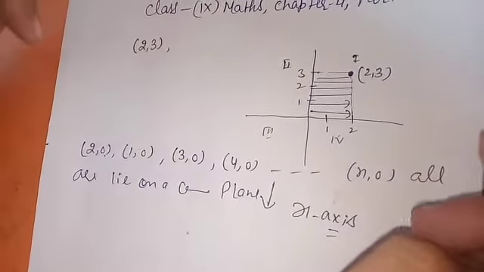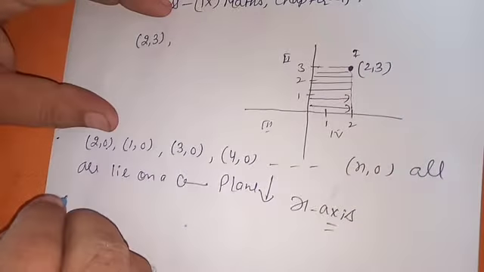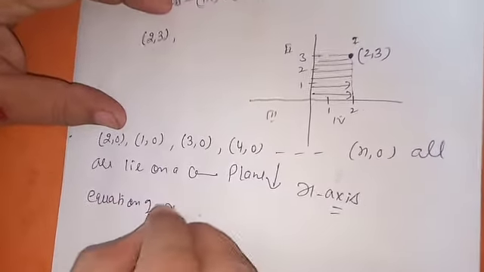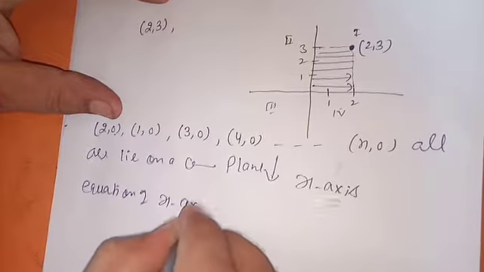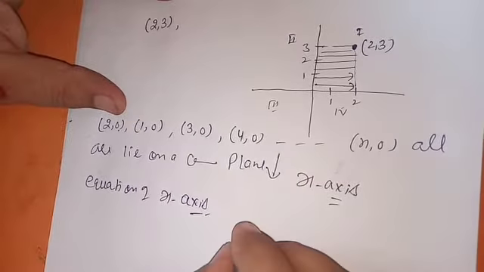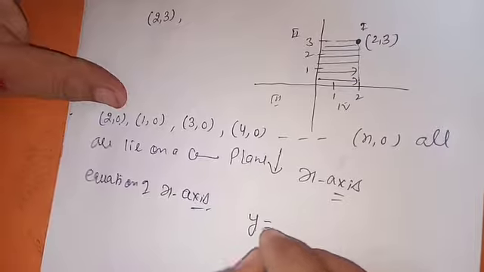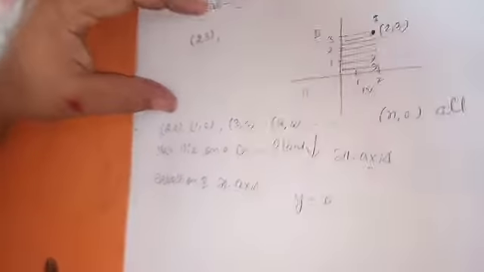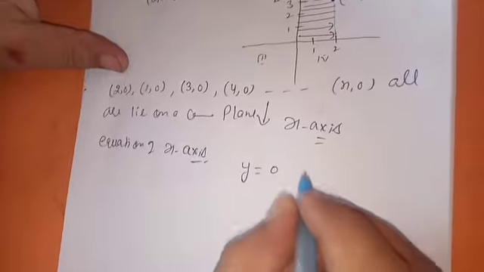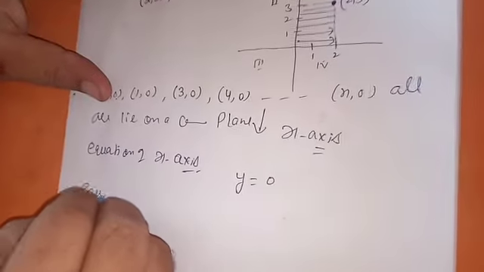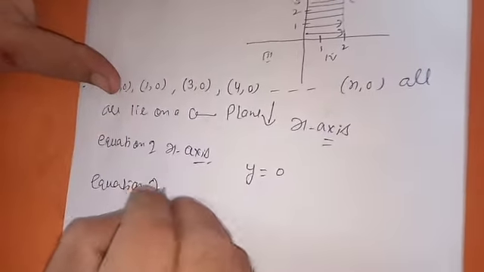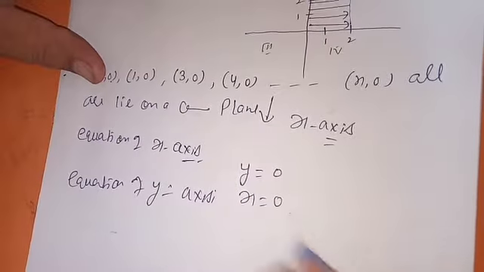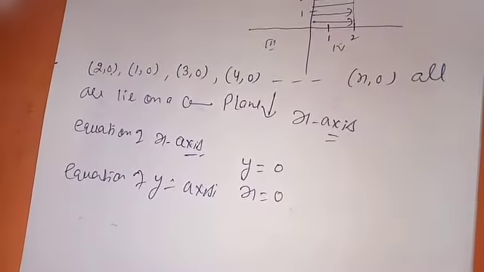So what can you say? What is the equation of the x-axis? You can say y equals 0. Understood? And what is the equation of the y-axis? x is equal to 0. In this form you can write.